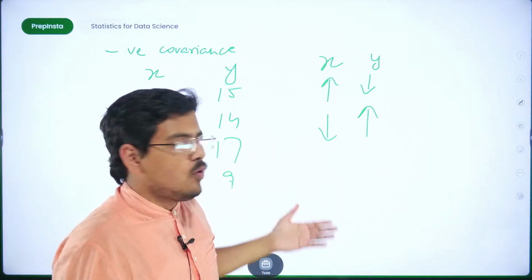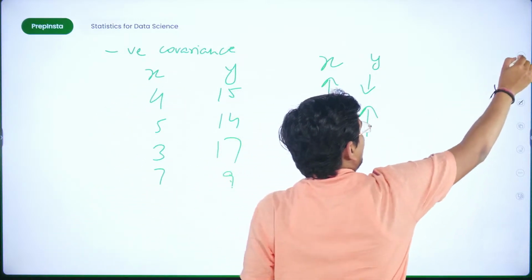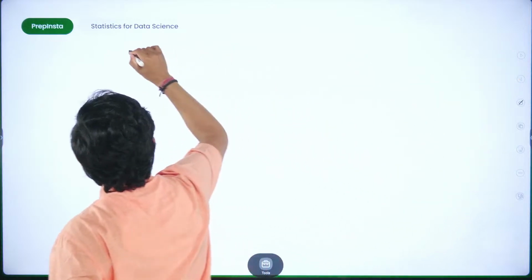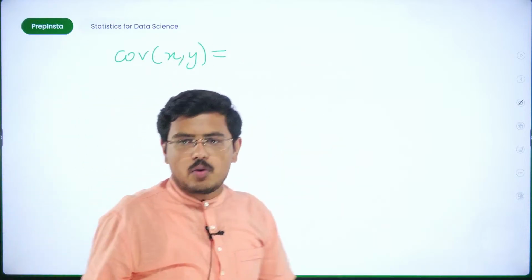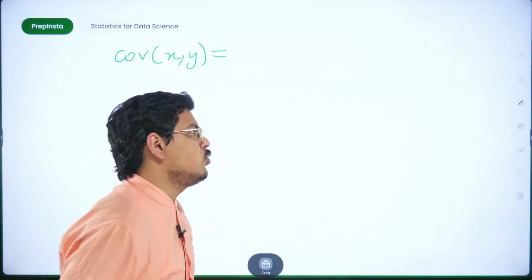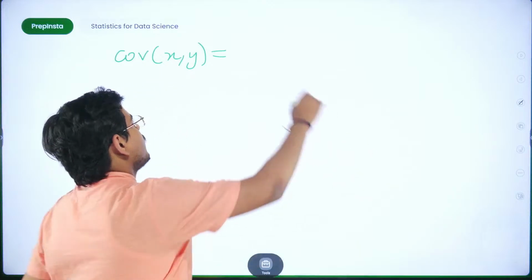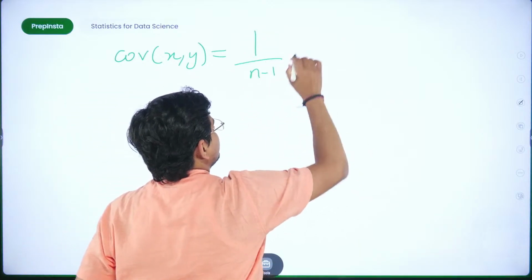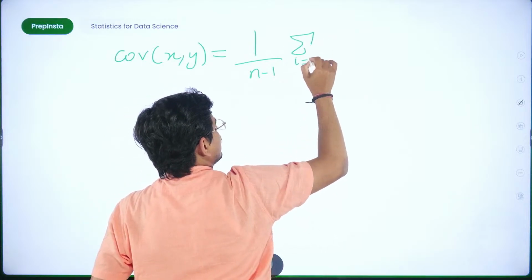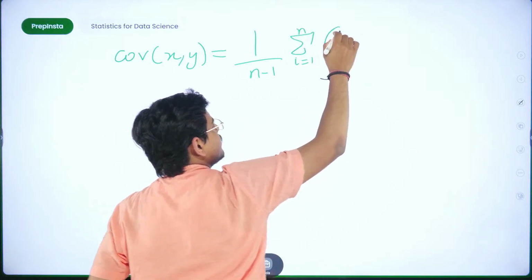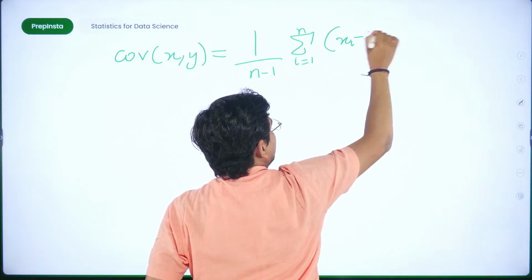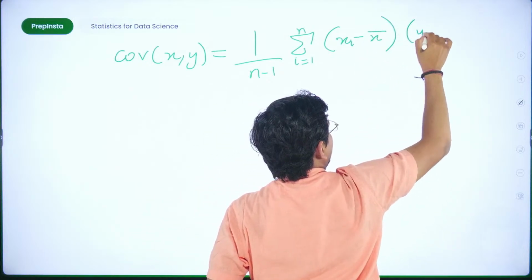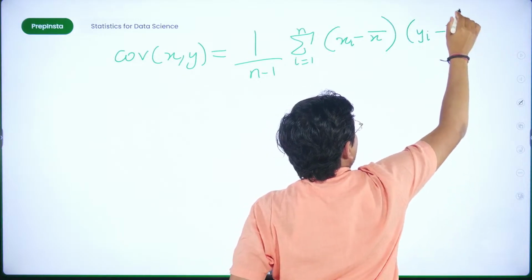Now, when you want to find out covariance between two variables x and y and quantify it, how do you do that? Very simple formula, and when I show you that formula, you will say we have seen this formula somewhere. It is 1 upon n minus 1, sum from i equals 1 to n, of xi minus sample mean of x, times yi minus sample mean of y.